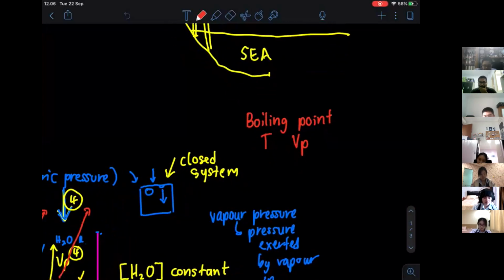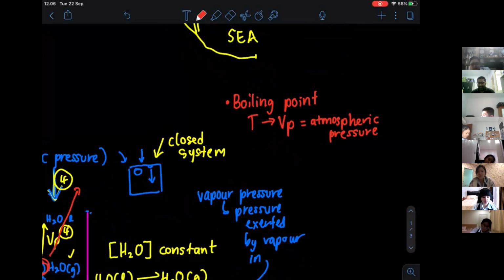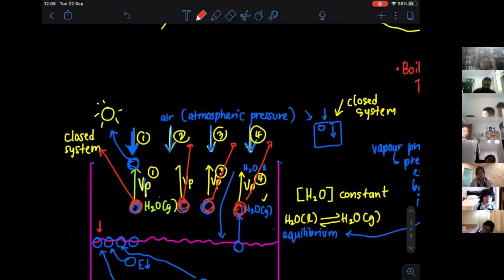Okay, anyway, if we continue, the boiling point is the temperature when your vapor pressure, the pressure exerted by the vapor in equilibrium, is the same as atmospheric pressure. Previously the water molecules were being held down by the atmospheric pressure.